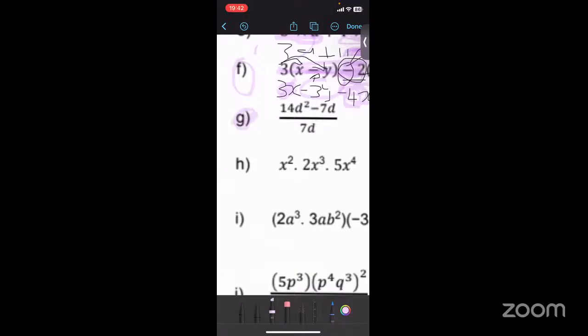No problem. Let's do G, letter G. For G, we have 14d to the power of 2 minus 7d, divided by 7d. Does anybody know what's the first step that we're going to take when we have something like this? Because you can see we have d, we have 7, 7, 14.